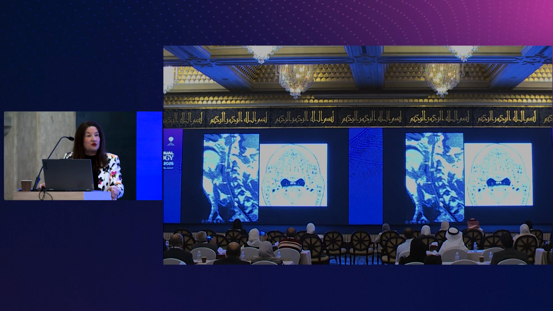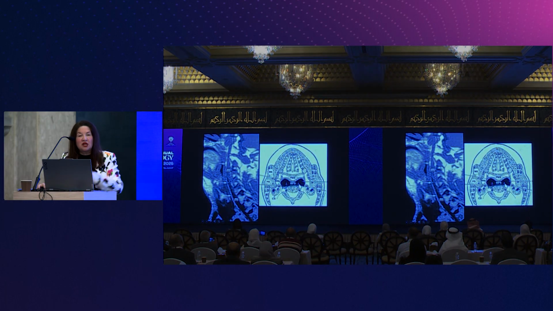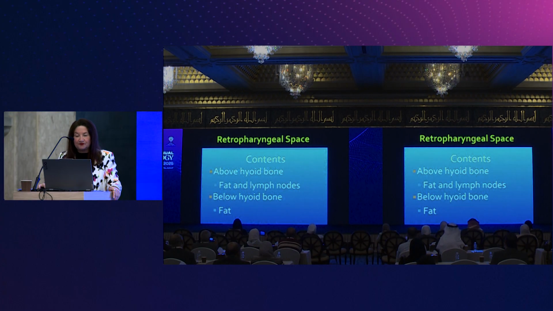That fat pad's your retropharynx between the prevertebral musculature and the constrictor system of your pharynx, and a diagram showing you the constrictor muscles in the mucosal surface here and the prevertebral muscles. And here is what happens. You begin to visualize the retropharyngeal space when you've got pathology in it.